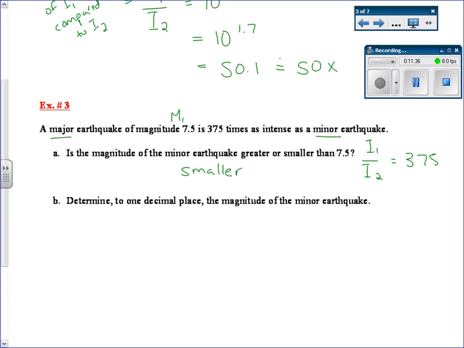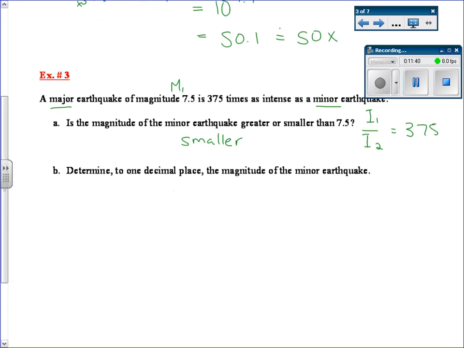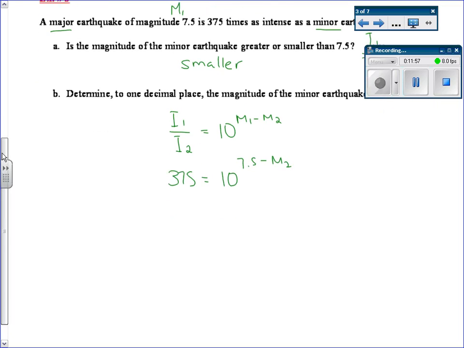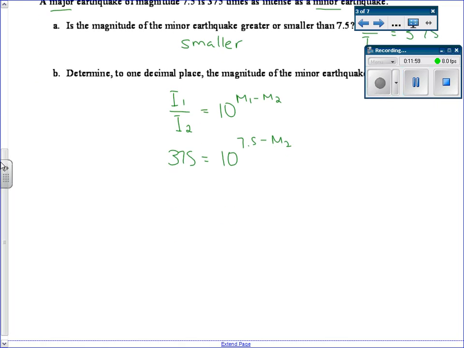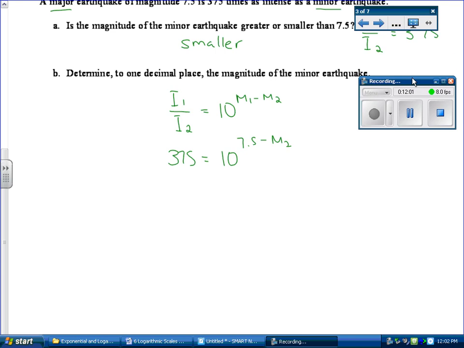And then we want to determine to one decimal place the magnitude of the minor earthquake. So we have I1 divided by I2 is equal to 10 to the power of M1 minus M2. So 375 is equal to 10 to the power of 7.5 minus M2. And this is not too hard to solve. We are going to convert it to log form. We don't even have to mess around with our change of base law because this is base 10.